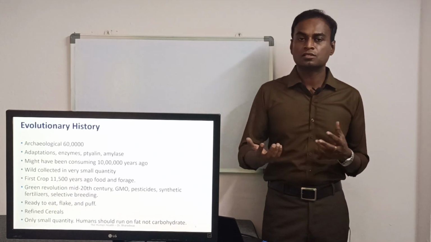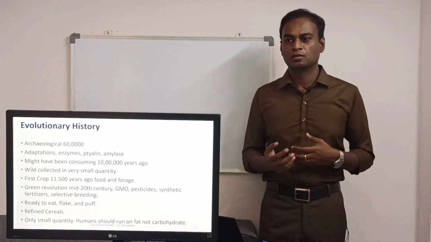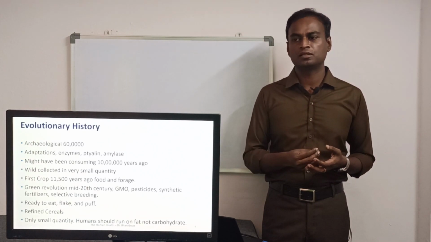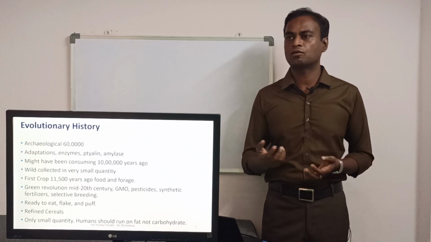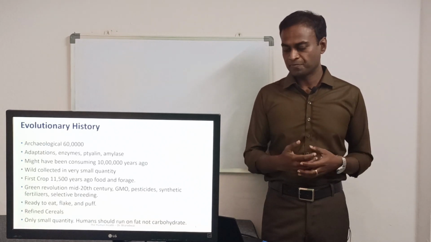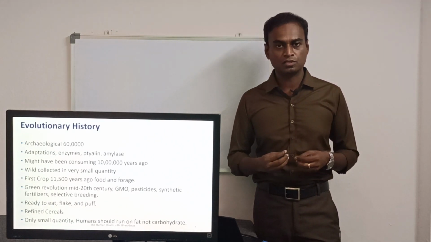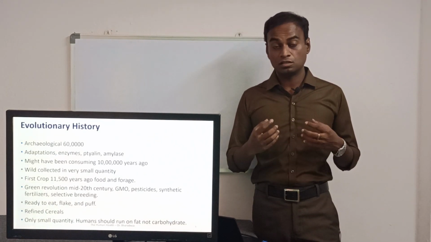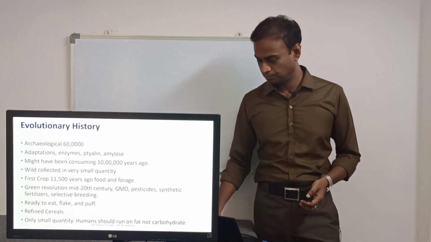Historically our ancestors were eating these cereals in very small quantity. Maybe they used to collect a handful of cereals in a week, or once in a month, once in 2 months. But never in the history of human beings have we dumped into our system this much quantity of cereals for which our body has no adaptations.